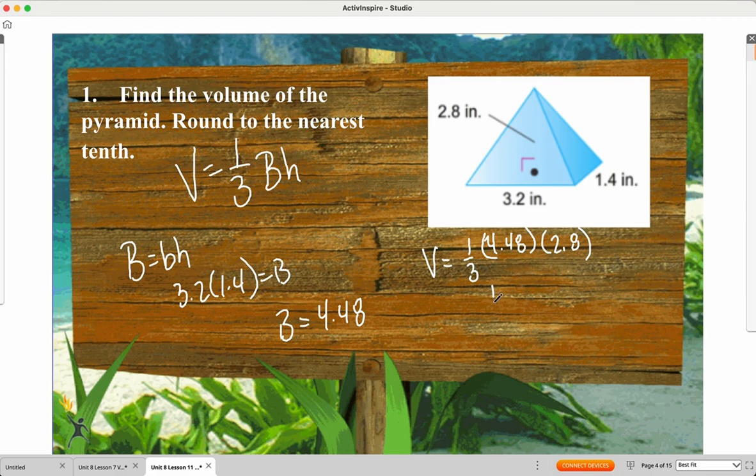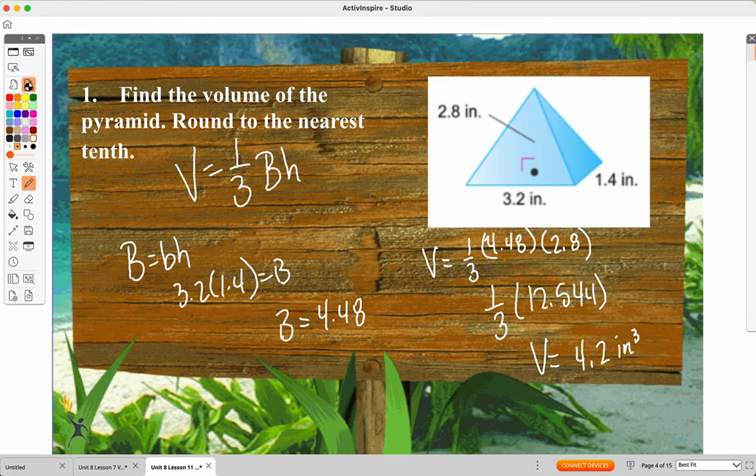I get 1/3 of 12 544 thousandths, and then I'm going to divide that number by 3. I'm going to round this to the nearest tenth. I get 4 2/10 inches cubed. Going out to the nearest thousandths, it's 4.181, so I'm going to round that to 4 2/10 inches cubed.